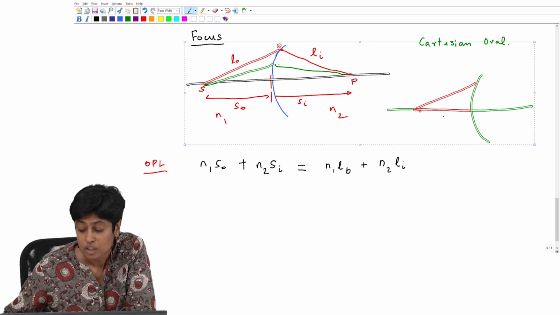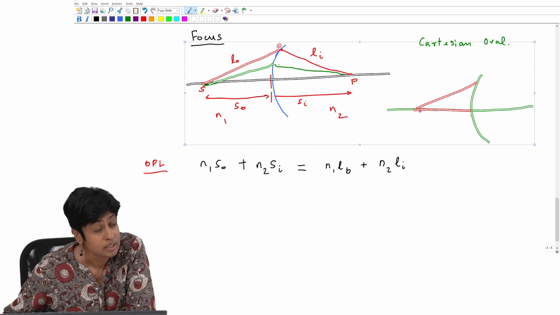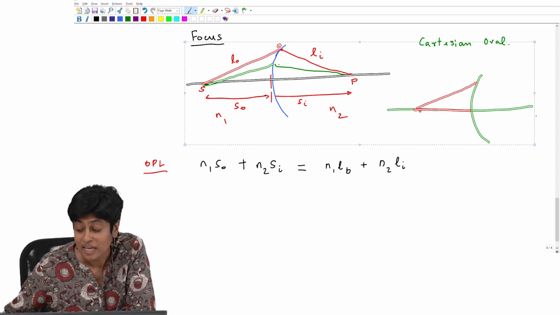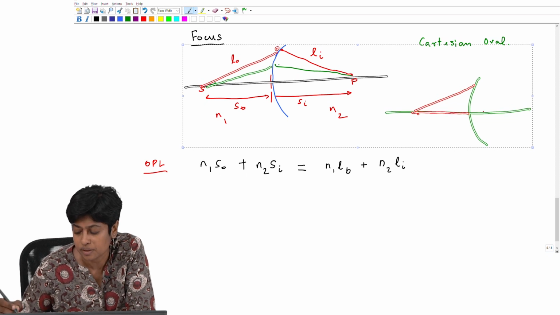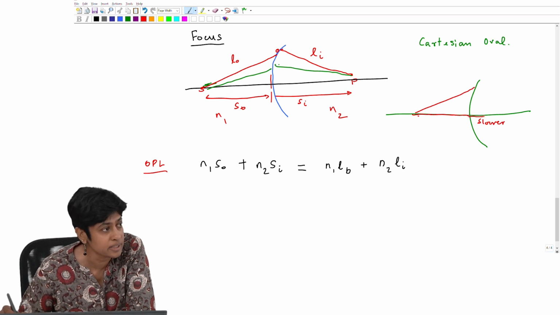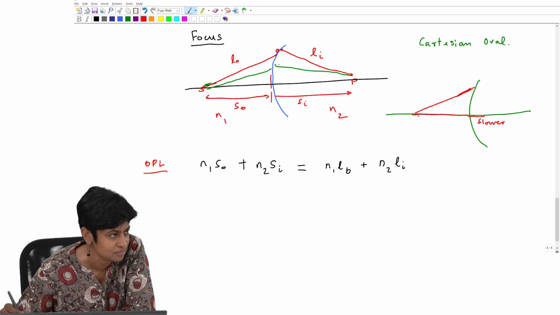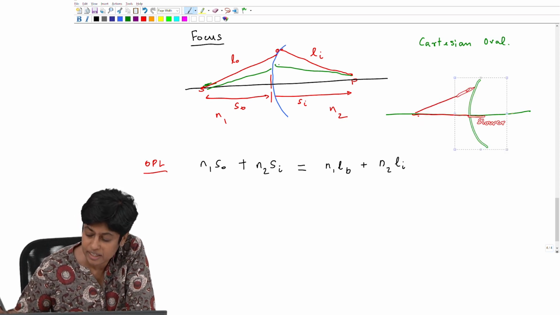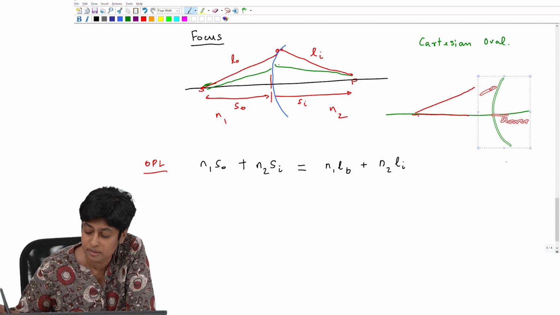So, the ray along the axis enters the interface and starts traveling slower. While this is traveling slower here, this ray is still traveling faster in air. By the time it reaches this interface, this ray has already traveled some distance within the interface.